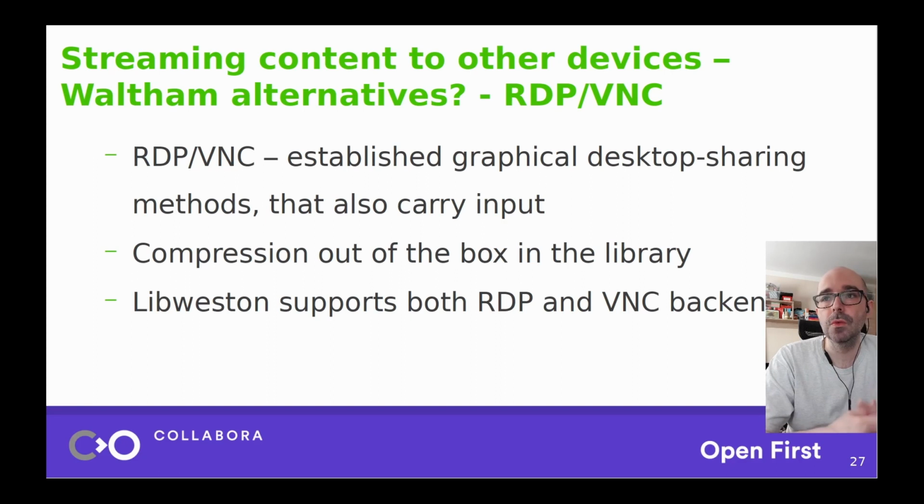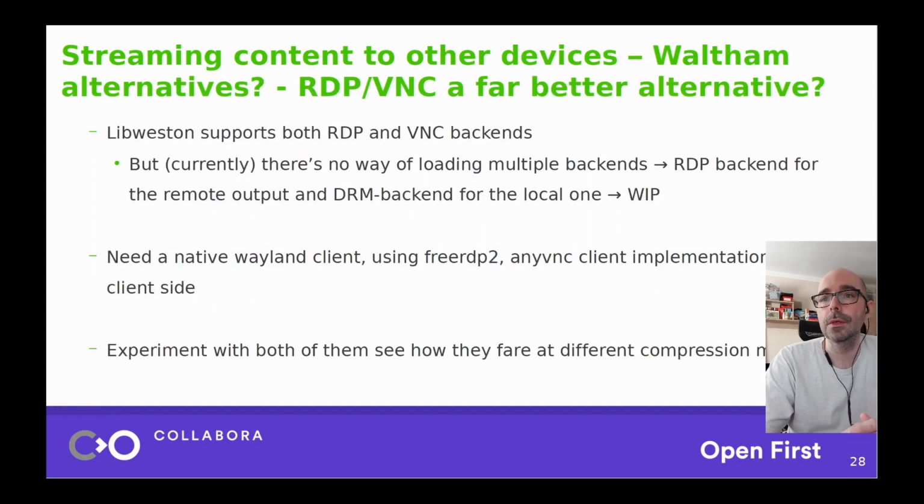But there are some steps which we need to take in order to ensure that it works. The thing is that even though we support VNC and RDP backends, there's no way of loading these backends simultaneously at the same time. That is because we would need locally to be able to use the DRM backend and make use of what hardware gives us in terms of doing direct scan out of the buffers using hardware planes.